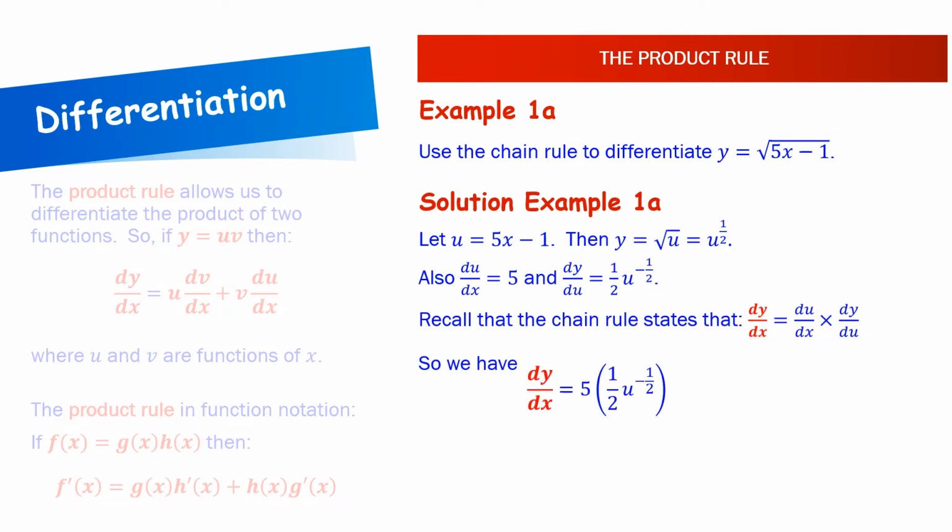And so plugging in the different parts gives us that dy dx equals 5, which is the value of du dx, times a half u to the power minus a half, which is the expression for dy du. And since we introduced u, we need to plug in u equals 5x minus 1 as shown, to give us that dy dx equals 5 over 2 times 5x minus 1 to the power minus a half.